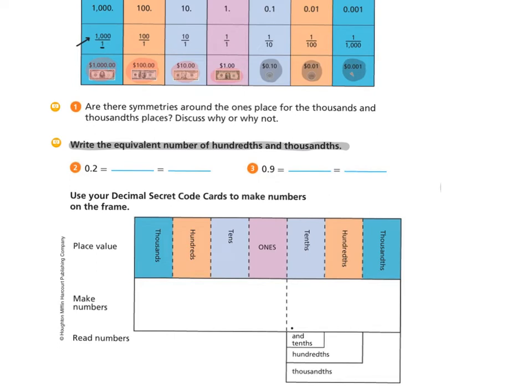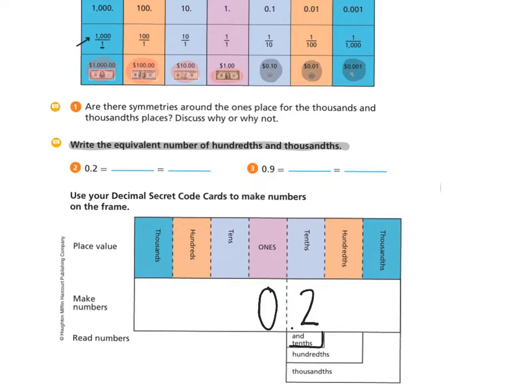So I'm going to take number 2 and I'm going to put it in my place value chart down below. It has 0 and 2 tenths. Notice they have this tenths here, and I say that because that's my last number in the last place value spot.